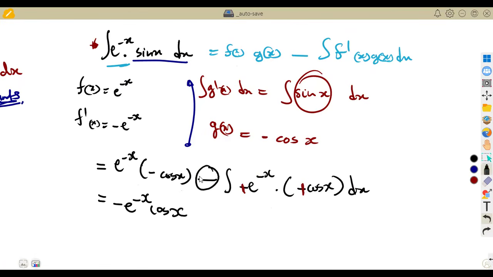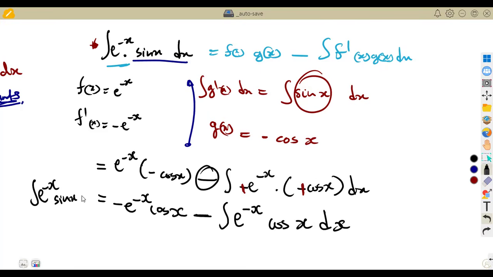So the negative outside is not affected and remains as it is. So it's going to be e to the exponent of minus x cos of x with respect to x. This is the integral that we are obtaining of e to the exponent of minus x sine x dx.